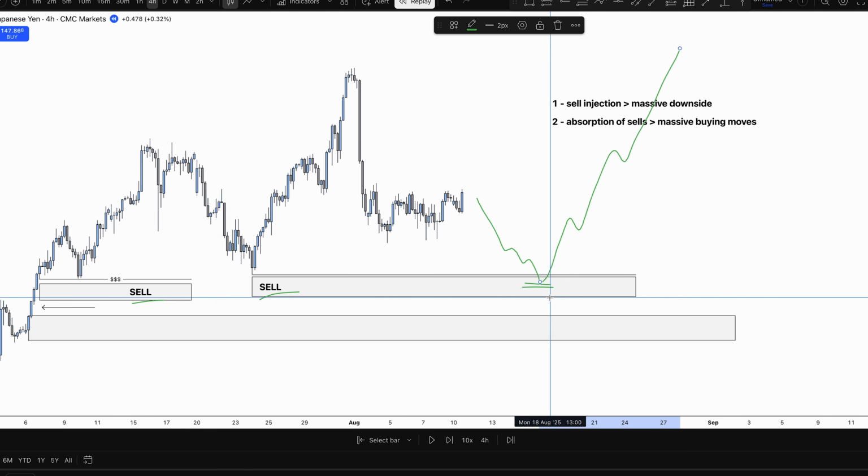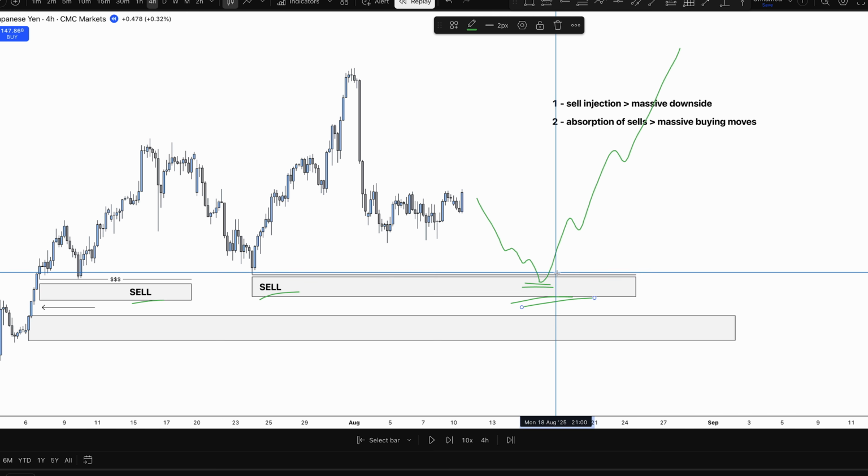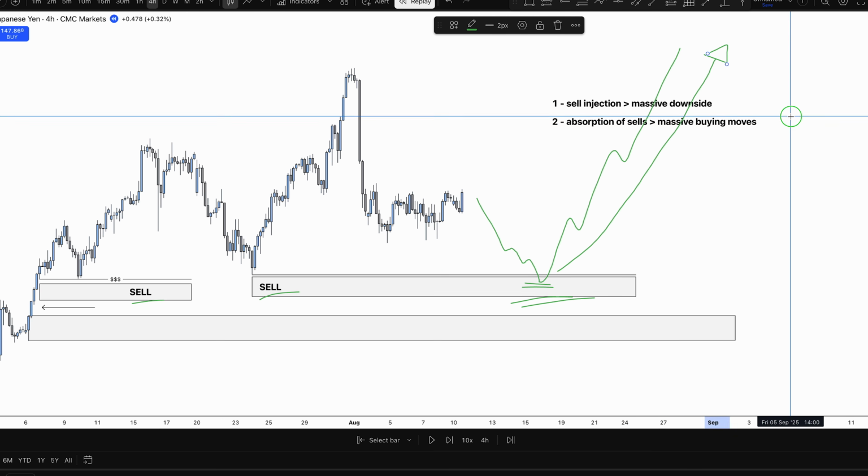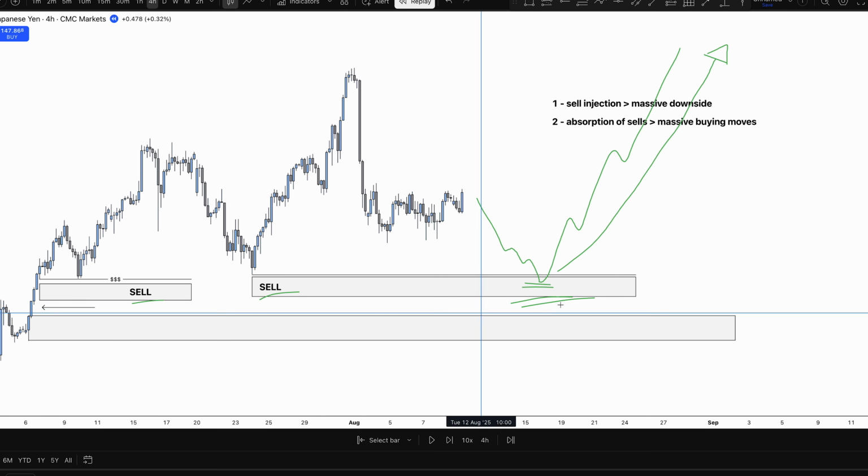You absorb all of the selling orders, and from this point of massive liquidity, we then see a market reversal as large institutional participants like commercial banks step in and basically eat up all the sell orders, replacing them with huge buys.